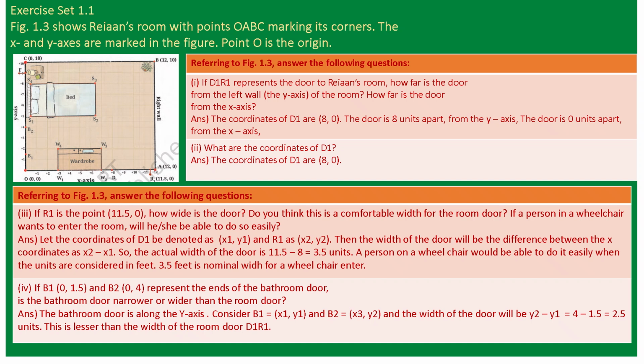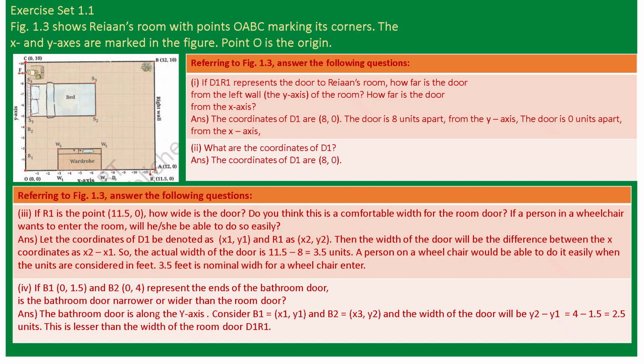If D1R1 represents the door to Rayan's room, how far is the door from the left wall, that is, the y-axis of the room? Rayan enters his own room by the door D1R1.